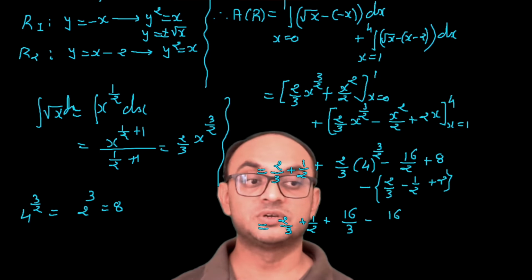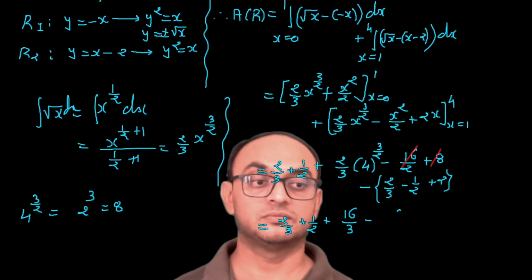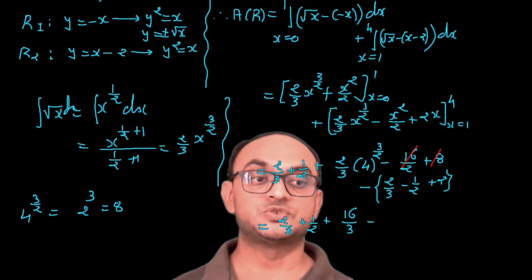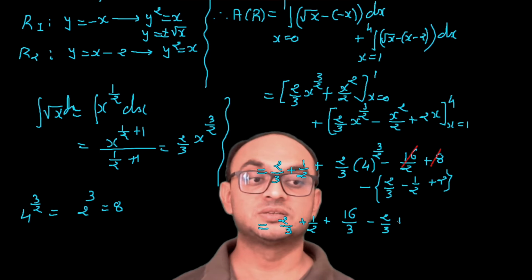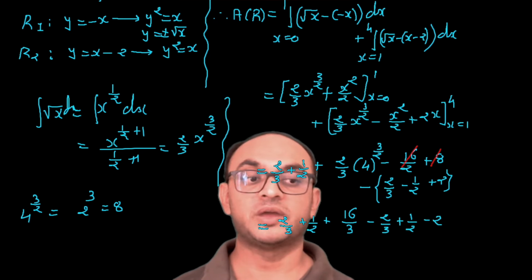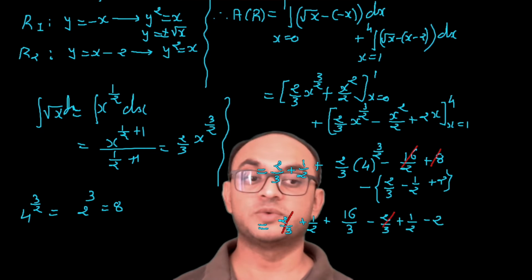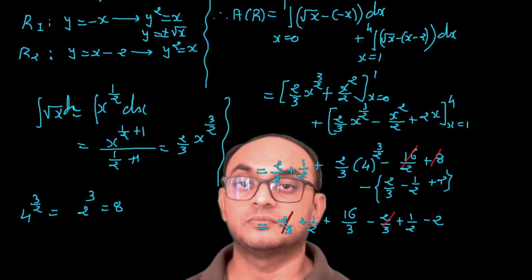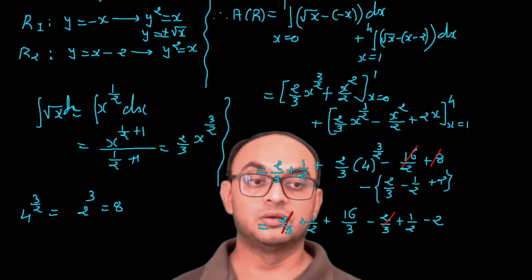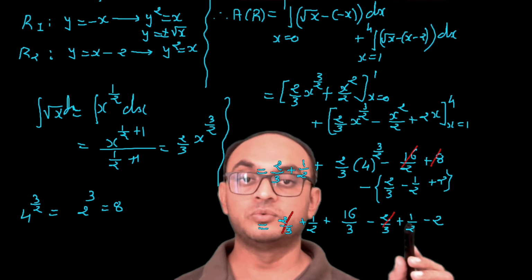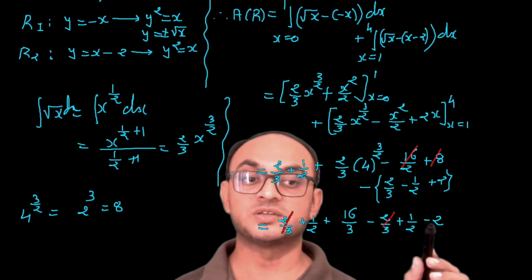So I can cancel out 16 divided by 2 and 8. And so this is minus 2 by 3 plus 1 by 2 and minus 2. Then we can cancel out 2 by 3 minus 2 by 3. 1 by 2 and 1 by 2 is 1. 1 minus 2 is minus 1.